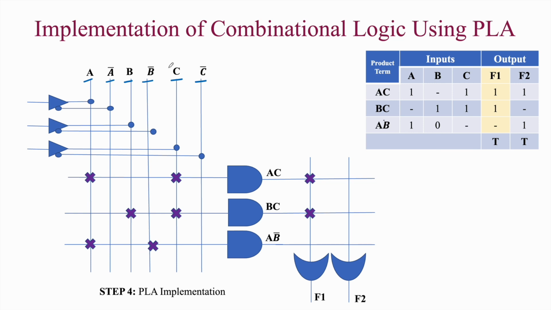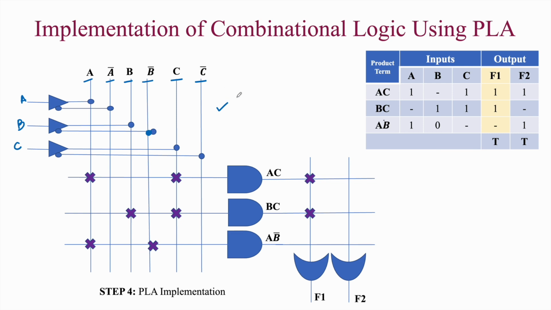In order to make A and A complement, we need an inverter. So A we will have directly, and we'll have the A complemented form. We have B direct function and its complemented form, and we have C, its direct function and complemented form. So right now the table is ready.